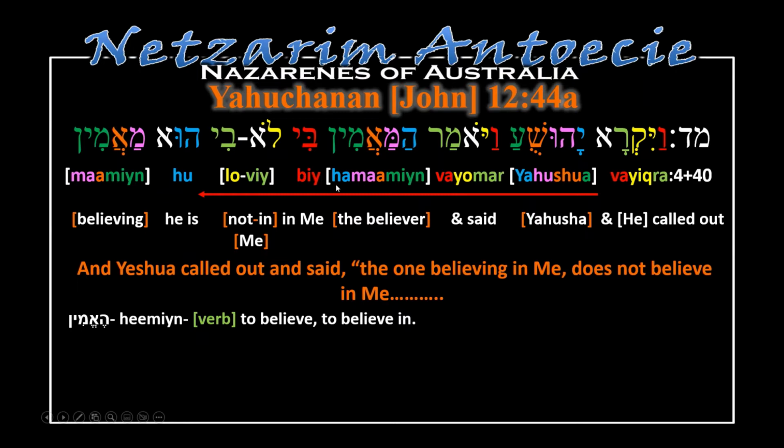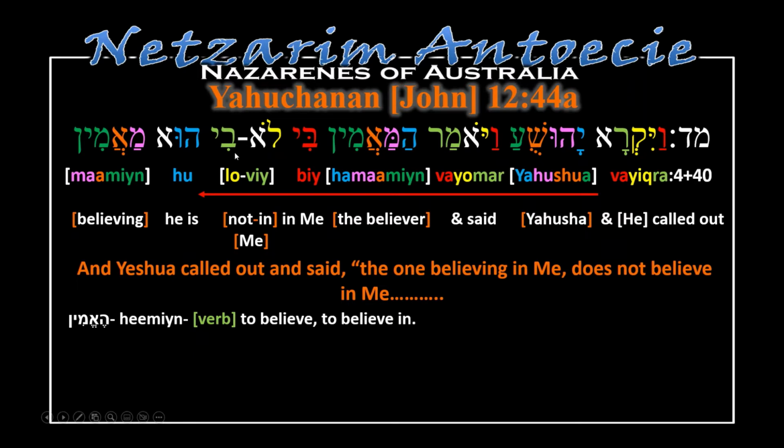Ha-ma'amin. The believers, right? The believer. Because we know that amin means to believe. So the believer, because the he, I guess, tells us it's possibly a noun. So it's the believer. Be, meaning in, that's the bet, me, with the yod.